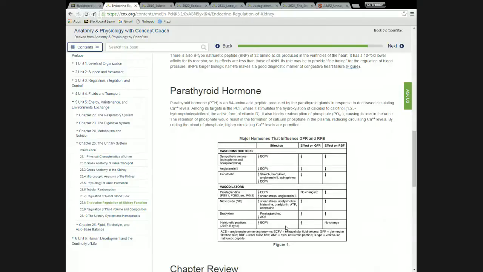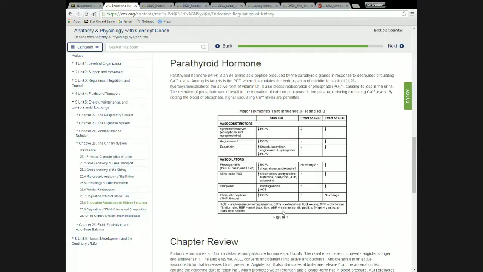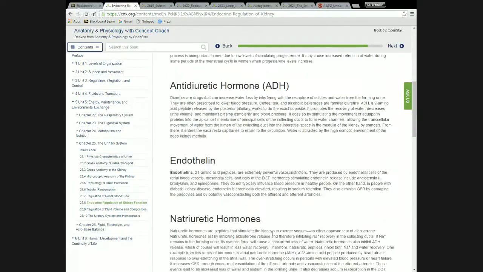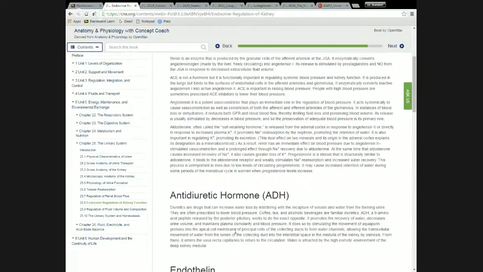The table doesn't really fit in perfectly with all the things that this section of the book lists, but definitely notice that there's not anything about parathyroid hormone in here, okay? Because it is not involved in blood pressure regulation or glomerular filtration rate or anything like that. So this section of what's written here really should be underneath the table just to set it aside as something different. Okay. But all of these things play a role there.